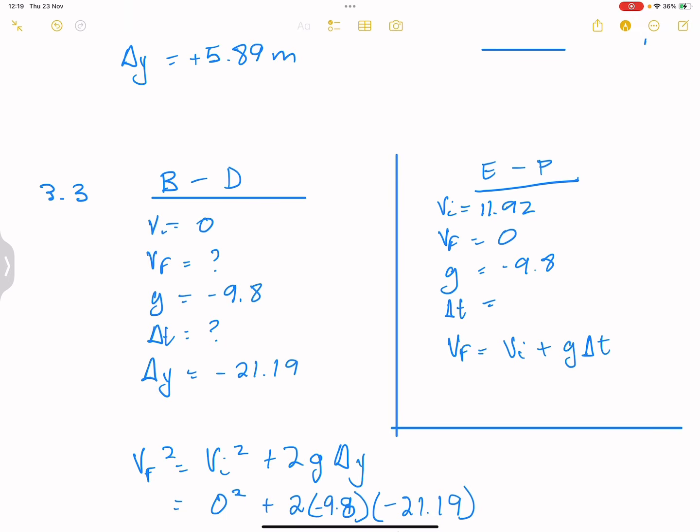Apologies for that mess there. So final velocity we said is 0. Initial is 11.92 plus, in this case, negative 9.8 delta t, and if we take everything to the other side, minus 11.92 equals minus 9.8 delta t, and we're going to divide both sides by negative 9.8.